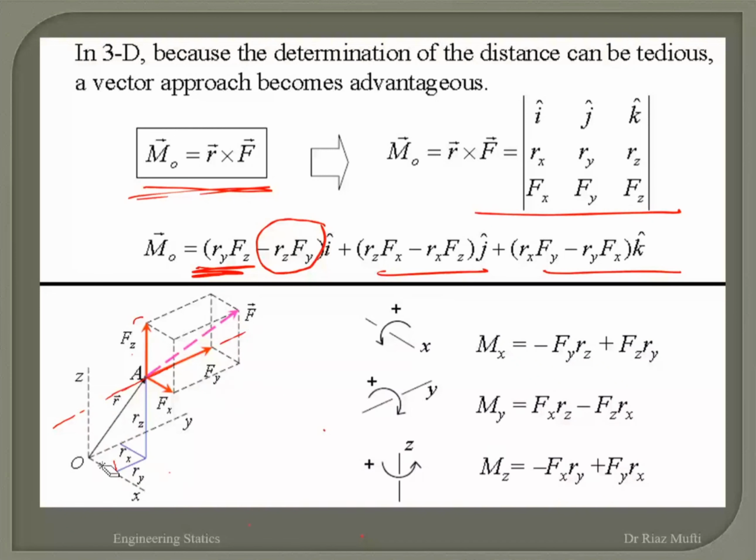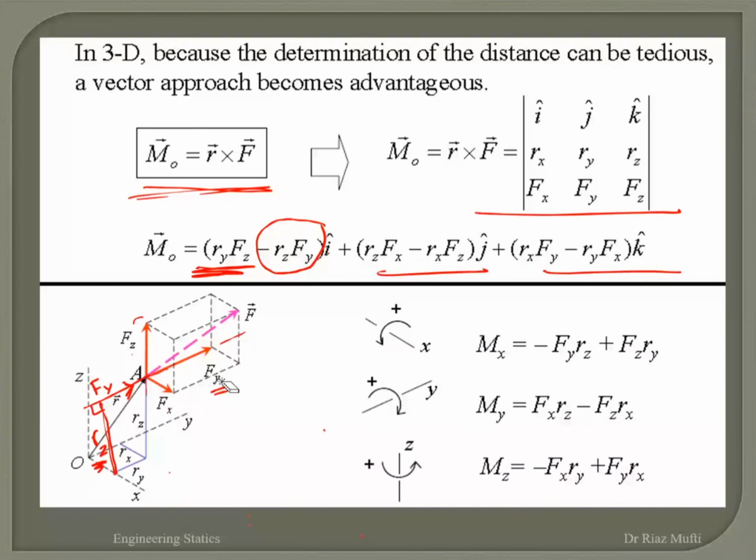My Fy is here, and my perpendicular distance is this distance, which is the same as here. This is my Rz. So that's my Fy multiplied by the perpendicular distance, which is Rz.